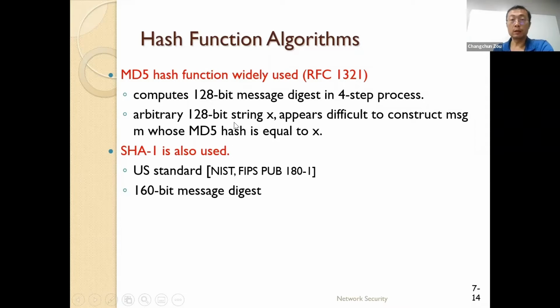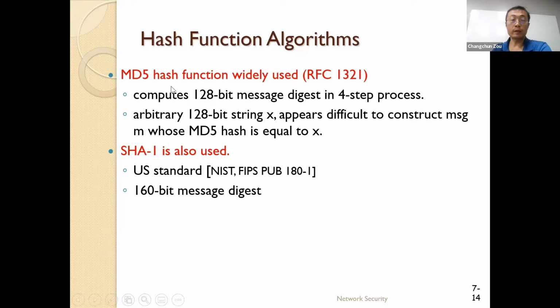But in the early 2000s, some researchers had a breakthrough. They found out that the MD5 algorithm has a design weakness. It means that now an attacker can modify a message in a certain way without changing the message digest. That breaks the requirement for the cryptography hash. If that's the case, an attacker can modify a message without you being aware that it has been modified.